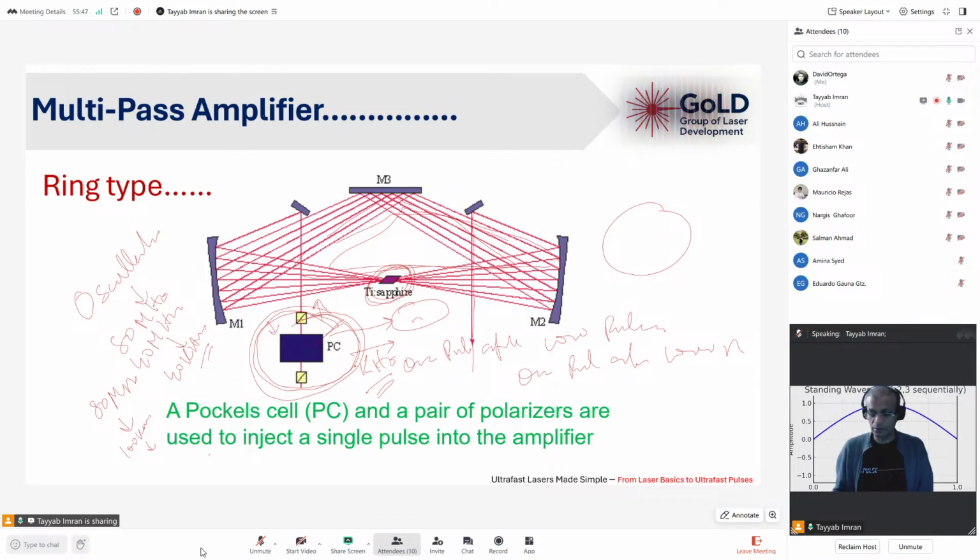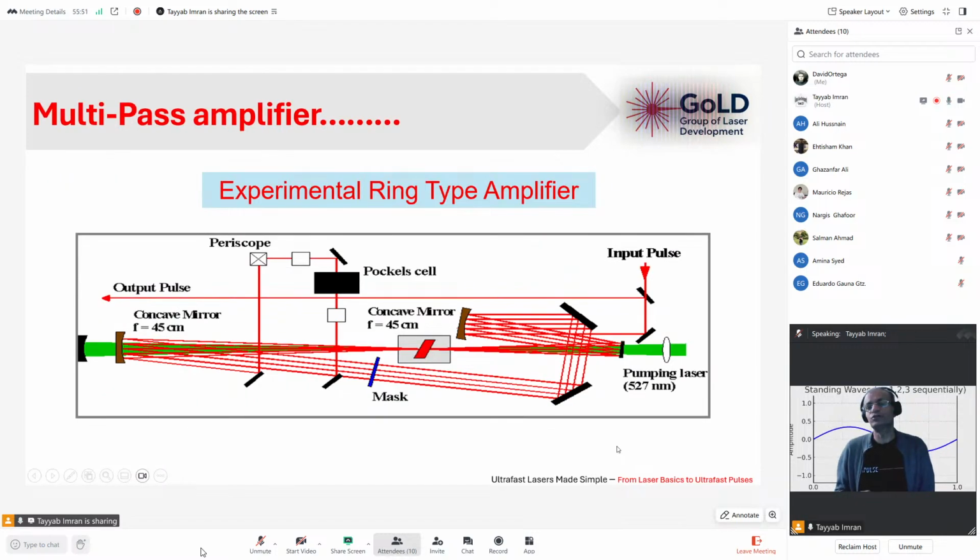Okay, so let's move to the next slide. This is also ring type. This is a true experimental setup actually. And here you can see how the pulses are going. This is your input pulse here.